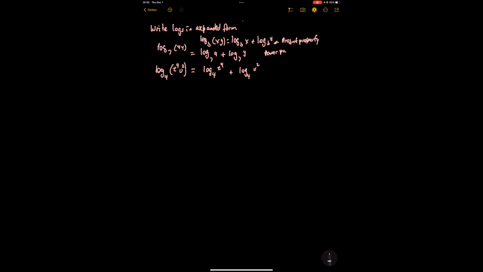And we're gonna be looking at the power property. The power property says log b of x to the r is equal to r log b of x, right?